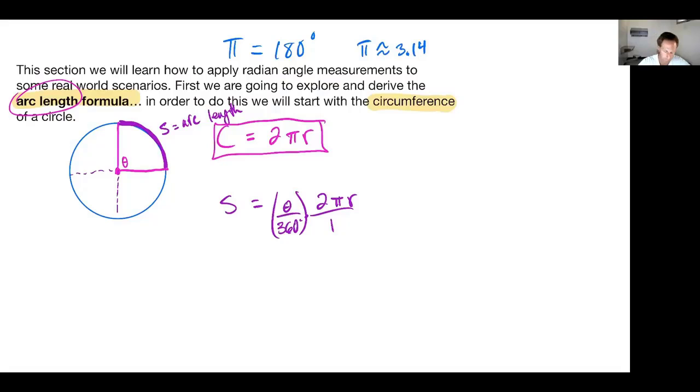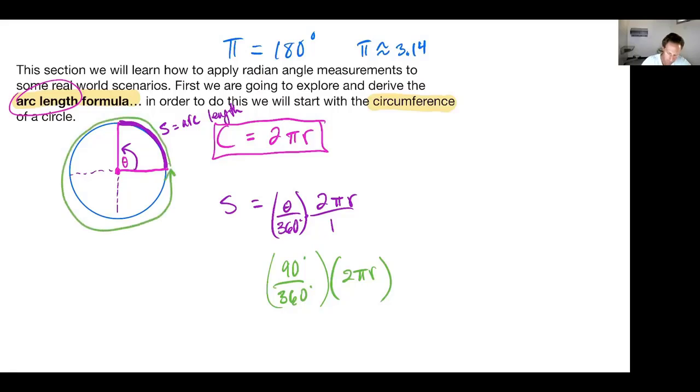So in this case, just to kind of go through it with you, you know that that would have been equivalent to 90 degrees out of the 360 of our entire circumference all the way around, which would have been that 2 pi r.